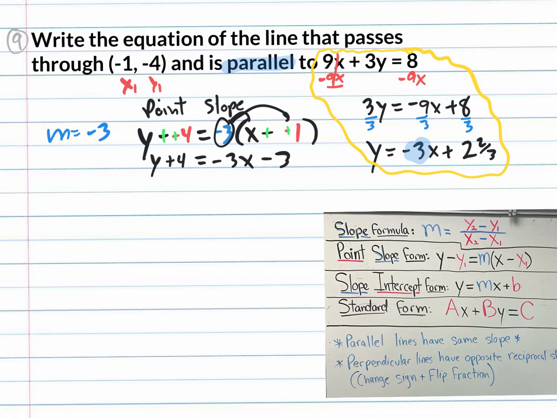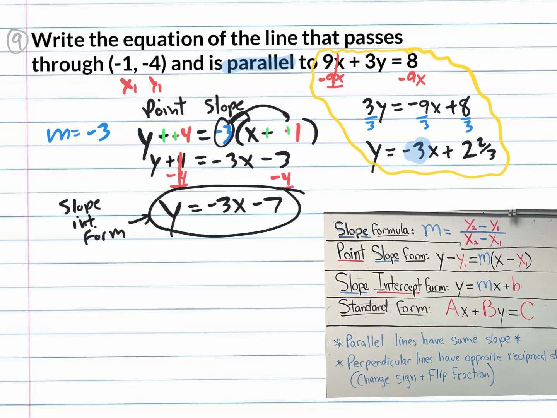Let's get rid of the plus 4 to get y by itself. You're going to subtract 4, subtract 4. You're going to end up with y equals -3x minus 7. So this is our slope intercept form right there. Y equals mx plus b.